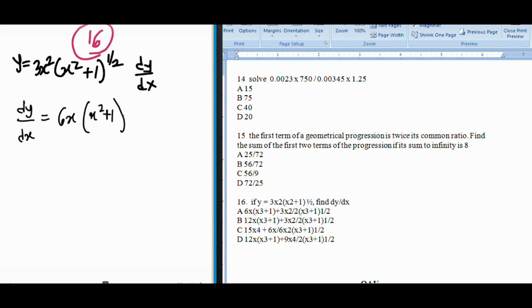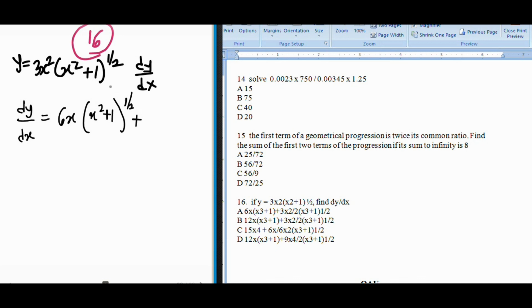Then plus. Now, you are going to hold the 3x squared down and differentiate the bracket. But in differentiating that bracket, it has to do with function of function. How do you differentiate function of function without following the normal protocol? Now, look at your bracket. Differentiate what you have in the bracket. That will give you 2x.